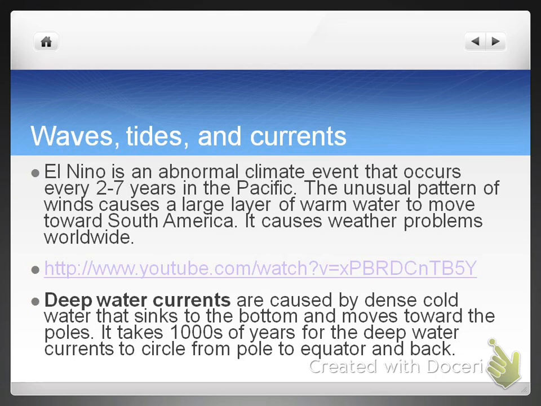And we know that cold water is more dense than warm water, so you've got this movement of water, this sinking and rising of water within the deeper waters. And so surface currents are caused by winds, and deep water currents are caused by density differences, density difference between hot and cold water.